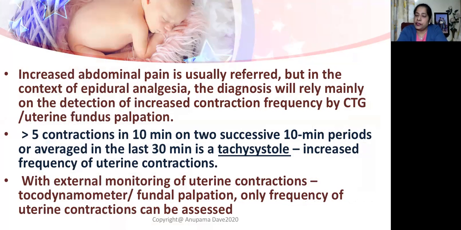If you find more than 5 contractions in 10 minutes on 2 successive 10-minute periods, or average in last 30 minutes, it is known as a tachysystole. This means increased frequency of uterine contractions. With external monitoring of uterine contractions through a tocodynamometer or fundal palpation, only the frequency of uterine contractions can be assessed. So by palpation, we can only identify tachysystole.